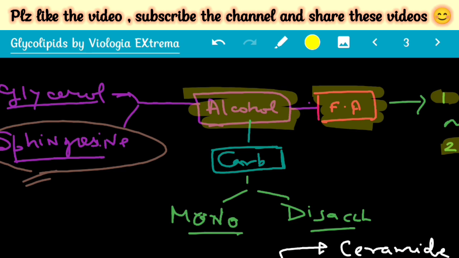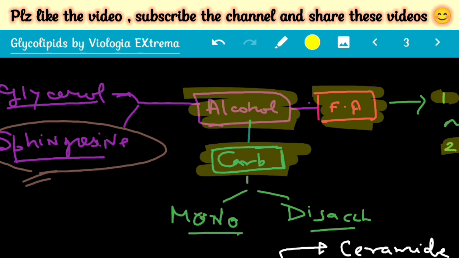This much makes an ester, and the main part, instead of having phosphorus, which is compulsory in a phospholipid, is here the carbohydrate part, because it's a glycolipid. Whichever glycolipid we are studying, it is going to have a carbohydrate moiety in it, because that makes it a glycolipid. Clear?